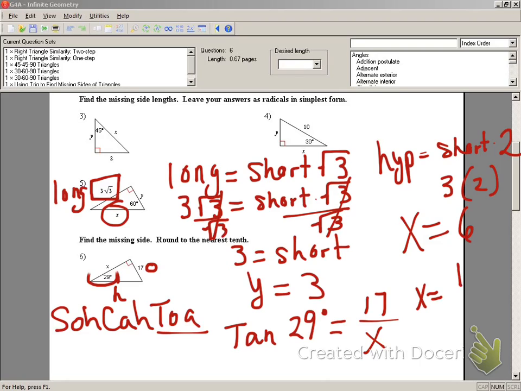So x equals 17 divided by tangent 29 degrees. Plug that in our calculator. And we get a number, x equals 30.7. And that is your startup for this week.